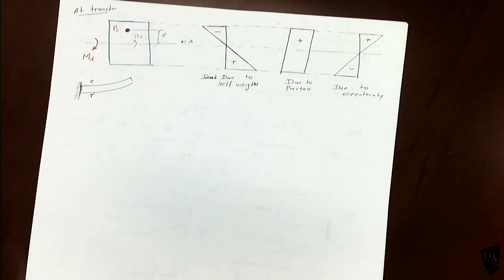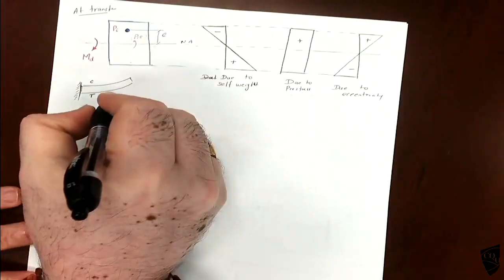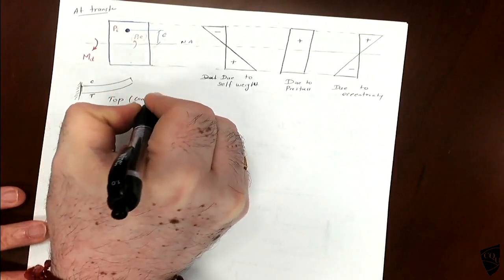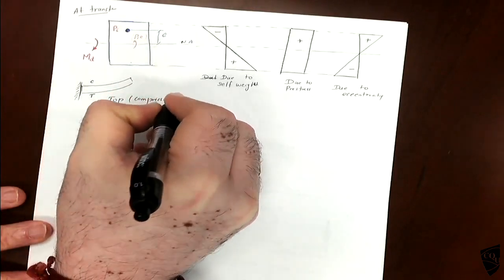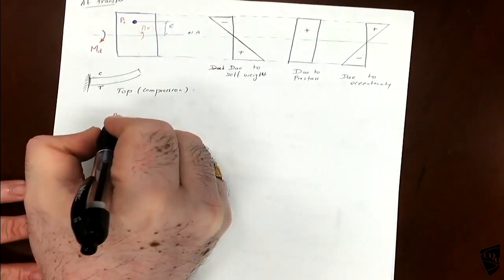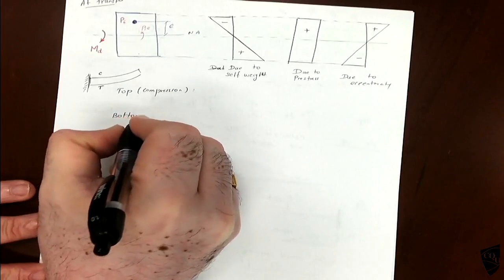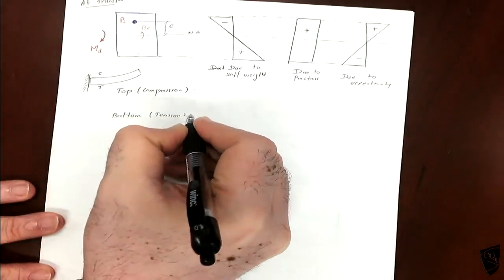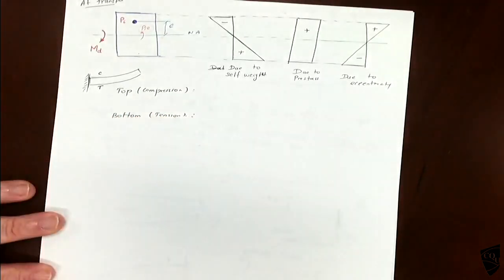You should be able to write that for the top compression, and you write that one, and bottom tension, write that condition.